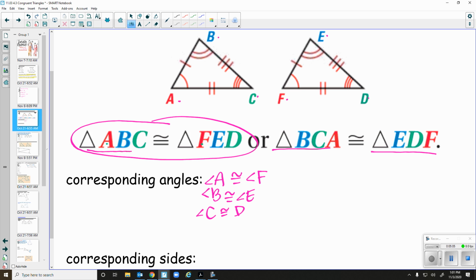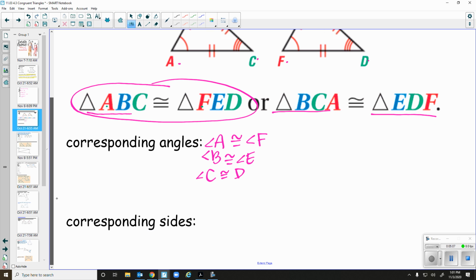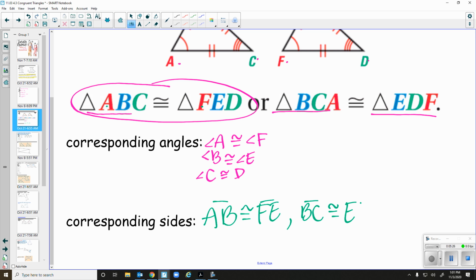When it comes to the corresponding sides, without the picture, AB would have to be congruent to FE, because of the first two. Another side, BC, would be congruent to segment ED, and then AC is congruent to FD.